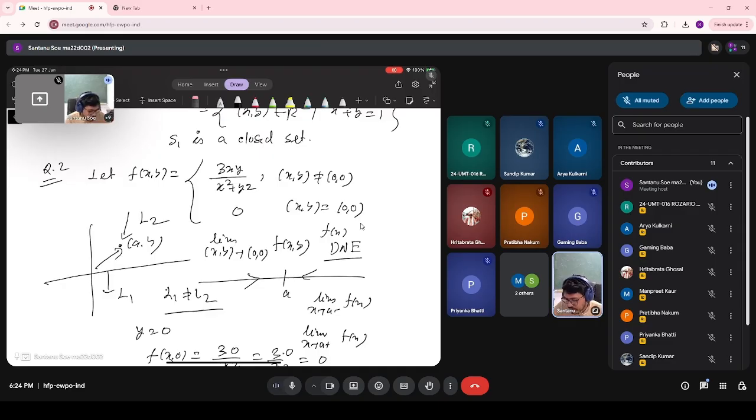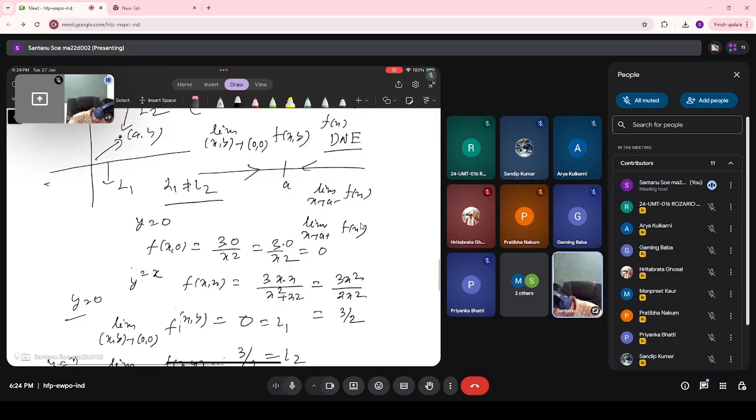For example, in the numerator there is 3xy, so the powers are something like 1 plus 1, which is 2. Here also the power is 1 plus 1, which is 2. So we can think that if you eliminate the dimension of both x and y, then the limit of the function can be independent of x and y. So in that case we can show that the limit does not exist.